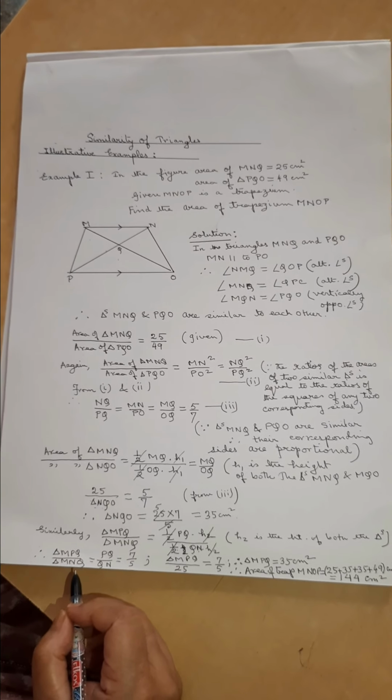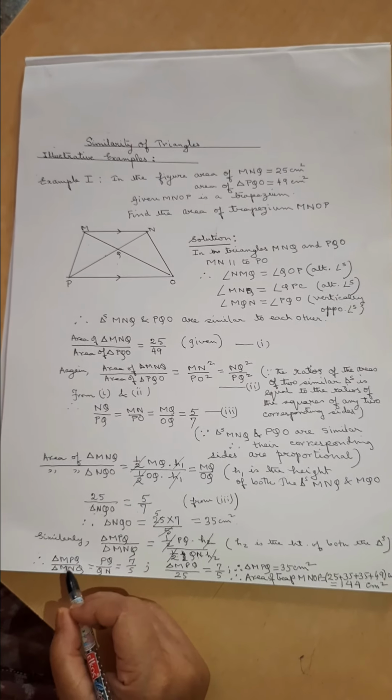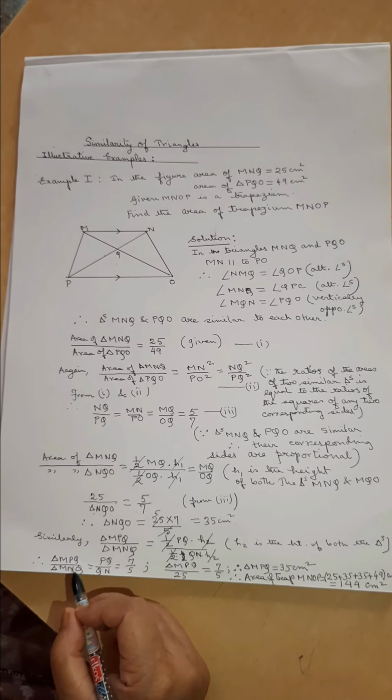MPQ by MNQ is equal to PQ by QN is equal to 7 by 5. Therefore, we get triangle MPQ is equal to 35 centimeters square. Therefore, area of the trapezium is equal to 25 plus 35 plus 35 plus 49, which is equal to 144 centimeters square.